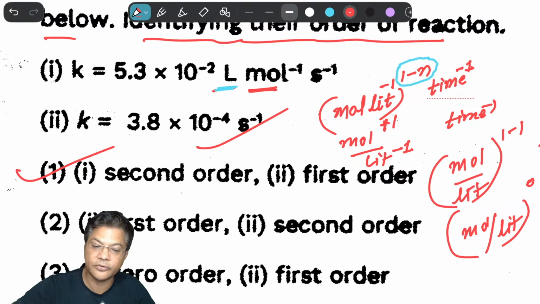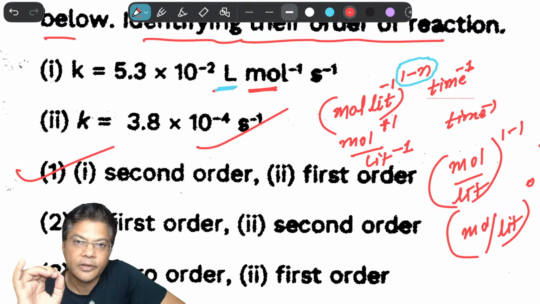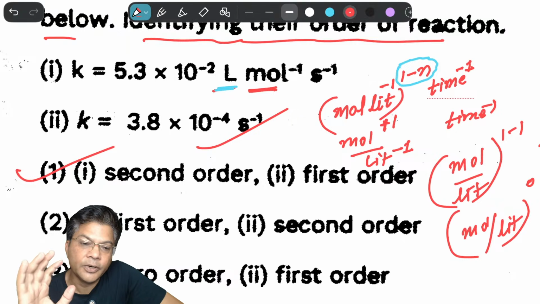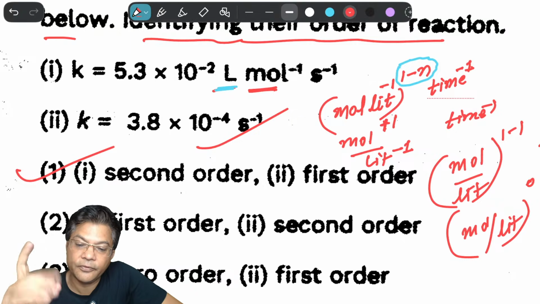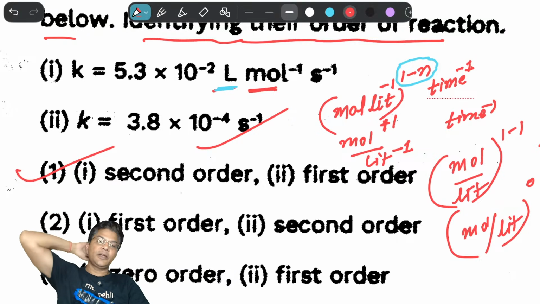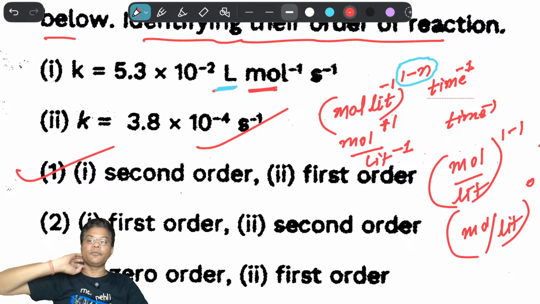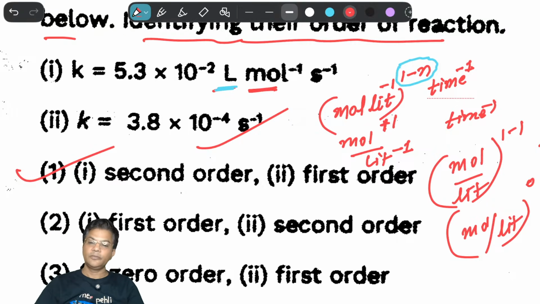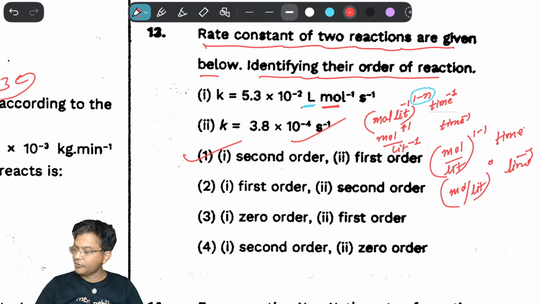Can you get it, kids? Otherwise, people who know the units can do this question within a fraction of seconds. Got it, kids? I hope everyone got it. If yes, show me a green signal. Quick, fast.